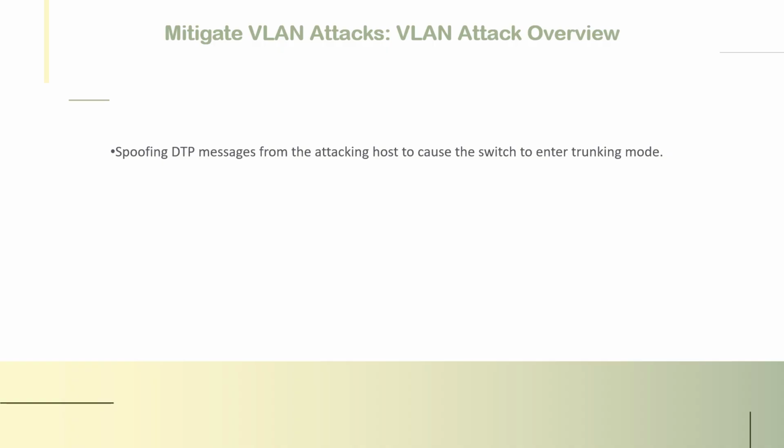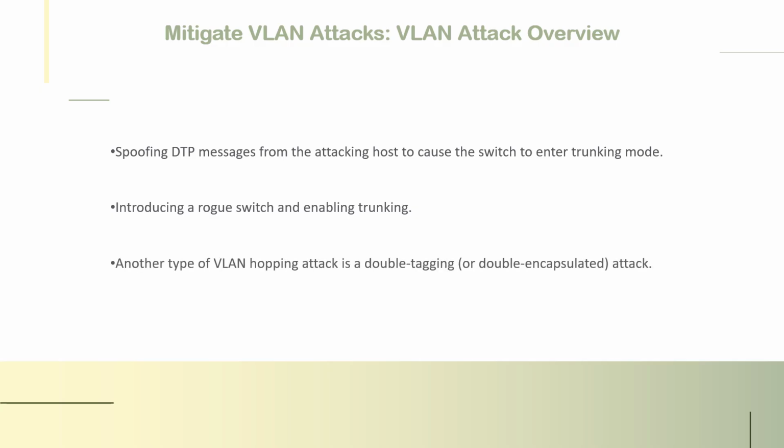Spoofing Dynamic Trunking Protocol messages from the attacking host to cause the switch to enter trunking mode, and from here the attacker can send traffic tagged with the target VLAN, and the switch then delivers the packet to the destination, or by introducing a rogue switch and enabling trunking, where the attacker can now access all the VLANs on the victim switch from the rogue switch.